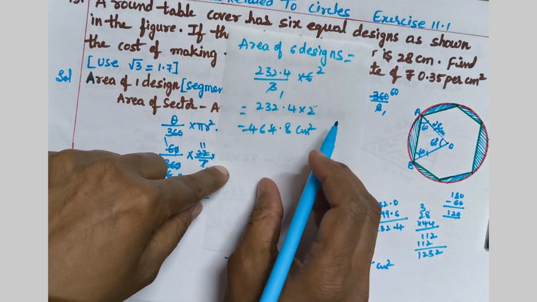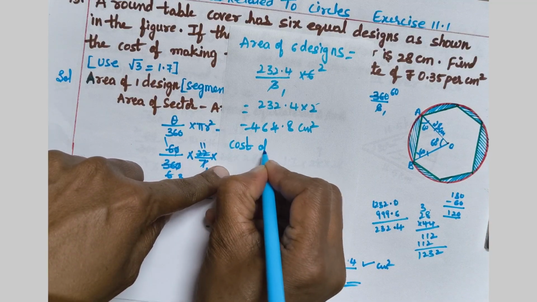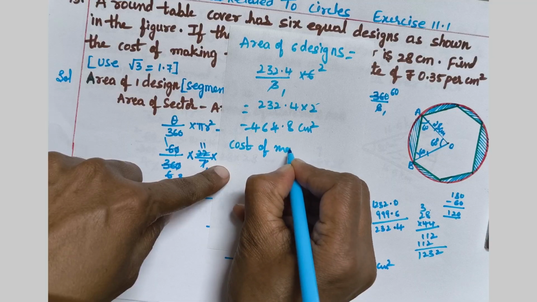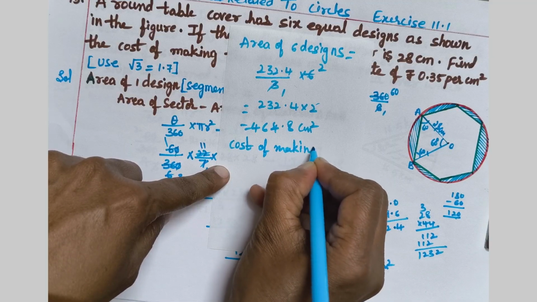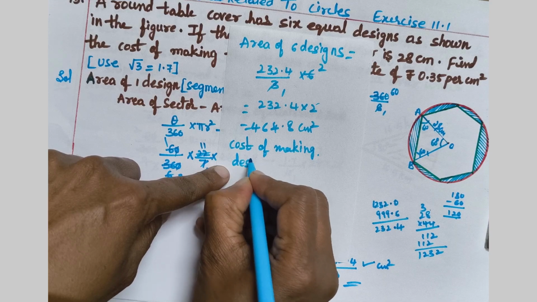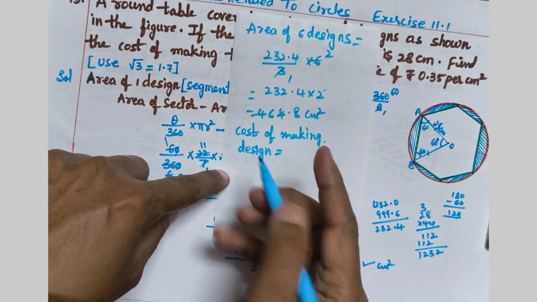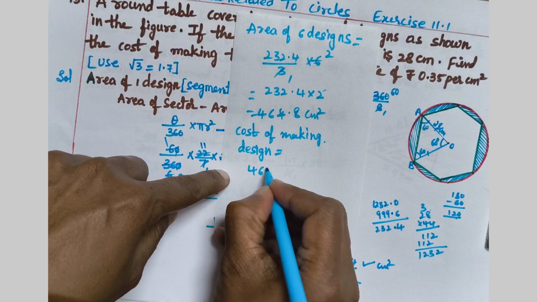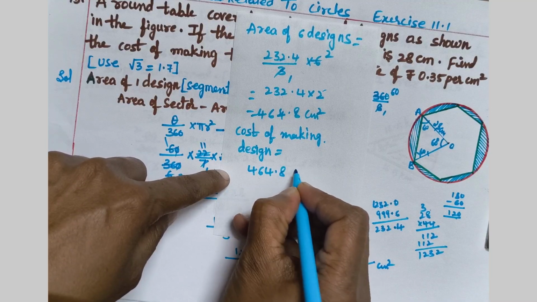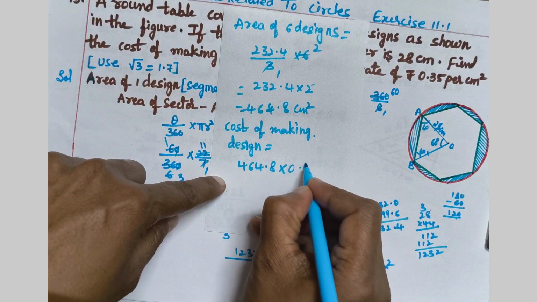0.35 rupees. Okay. Now we will write finally, cost of making design is equal to, see here, total area how much is there? 464.8 into 1 square centimeter how many rupees is there? 0.35.